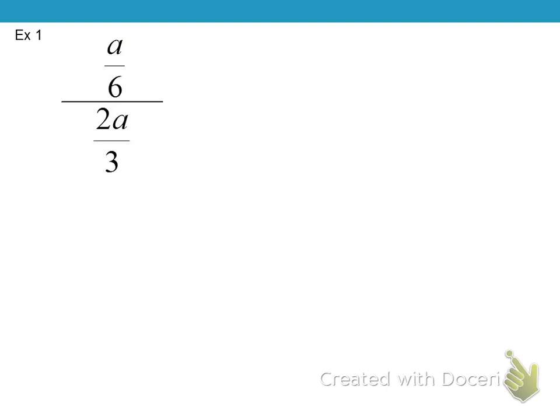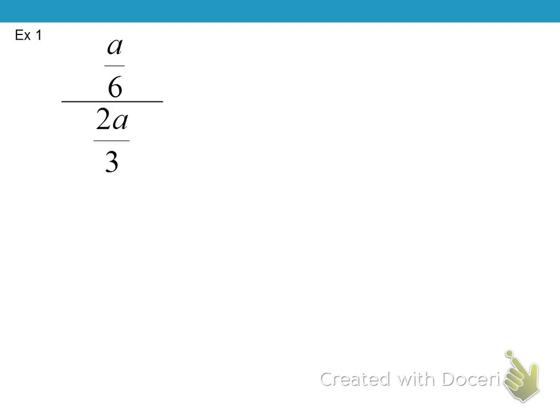There's usually a big fraction bar, a bar that's a little bigger than the others. We're going to rewrite it with this as a division symbol. Then you simplify the expression in front of and after the division symbol. Then we do the keep, flip, change, and simplify.